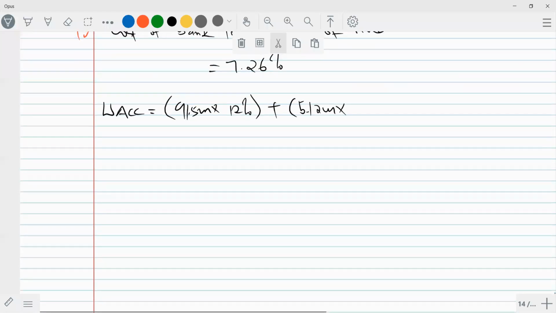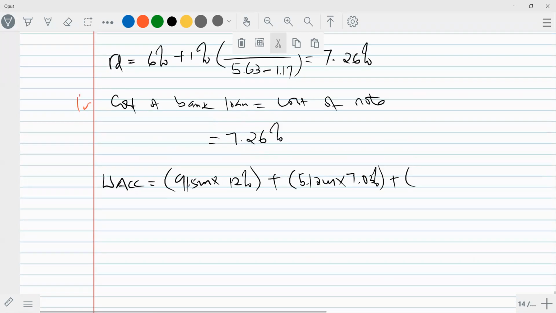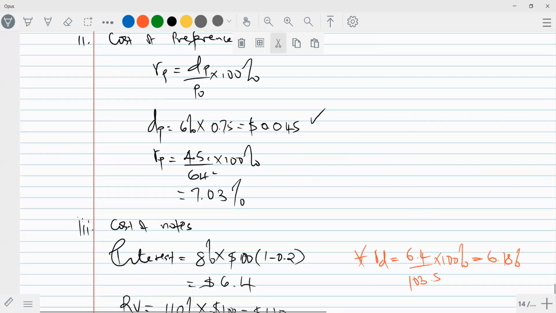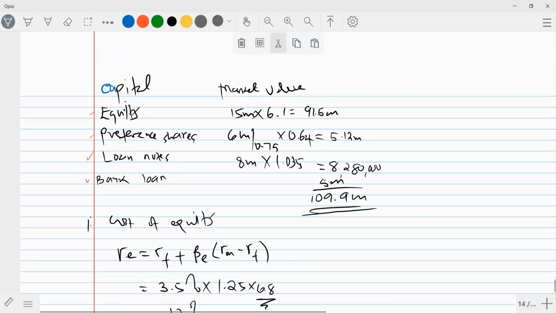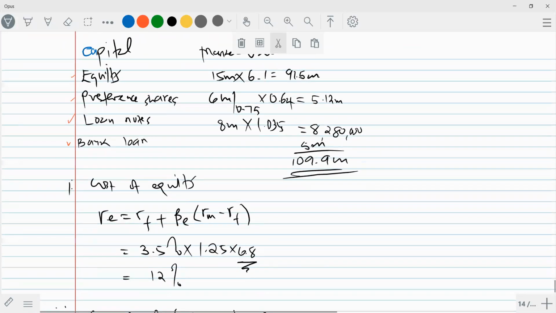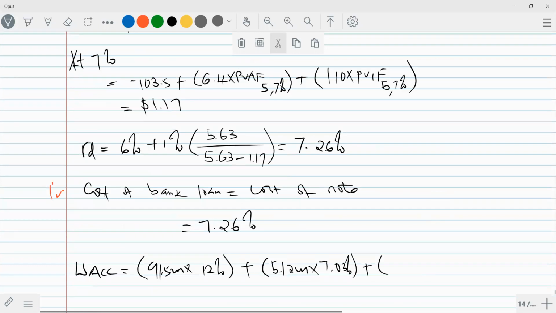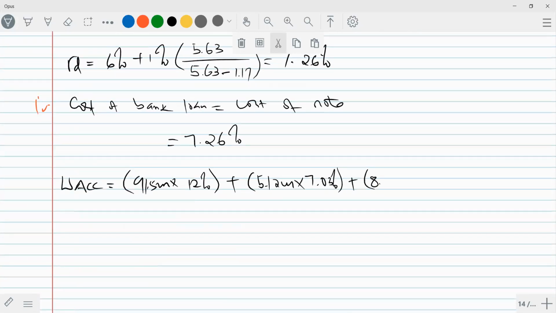So multiply by 7.03%, plus the market value of the notes or the bonds. In this case, the notes have a market value of 8.28 million, so plus 8.28 million times the cost of the bonds, which you've just obtained, 7.26%.